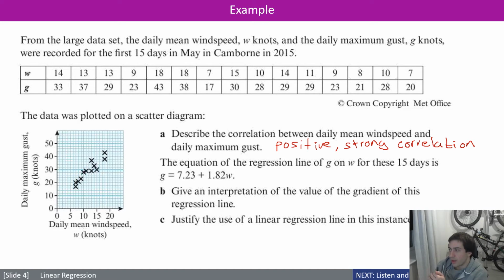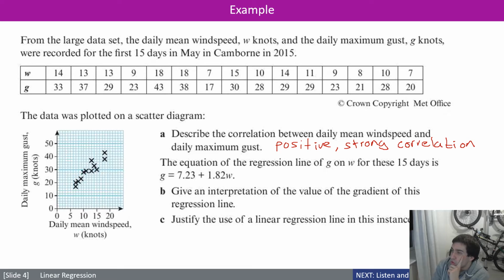Within an exam, it would say something like, there is a strong positive correlation between daily mean wind speed and daily maximum gust. So include the keywords, negative or positive, weak or strong, correlation, and then rename the two things you're talking about to make it clear.